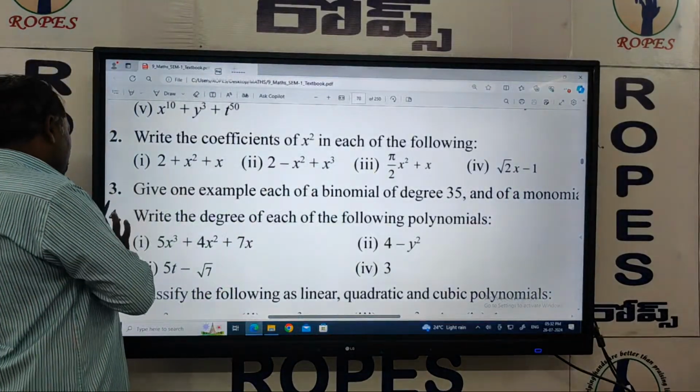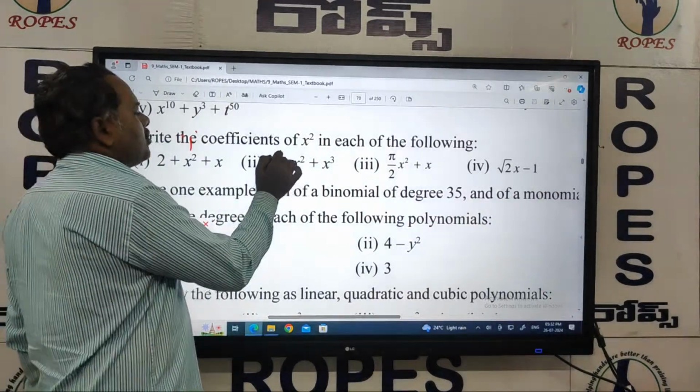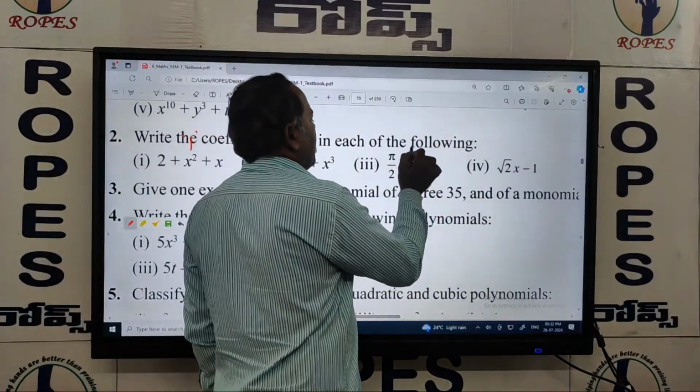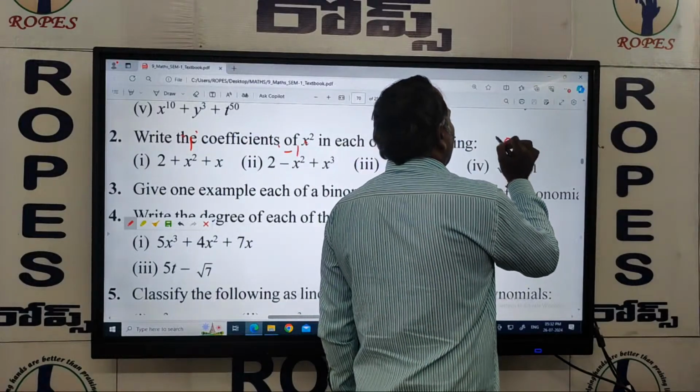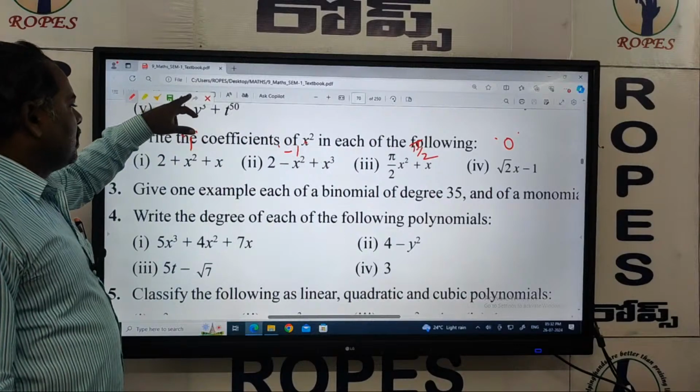For this the coefficient of x square is 1. For this the coefficient of x square is -1. For this it is pi by 2. For this it is 0. So that's what we wrote clearly.